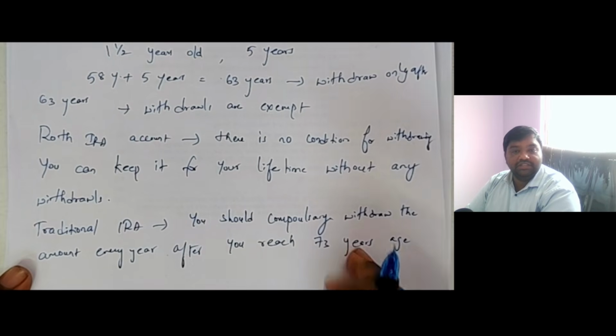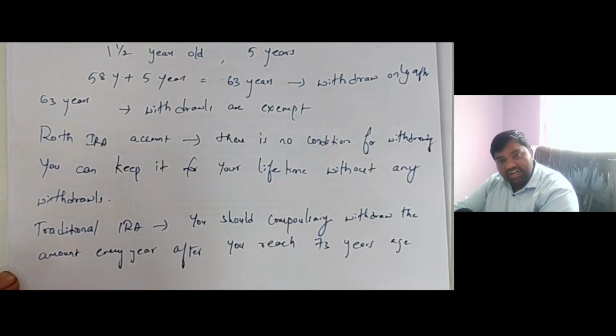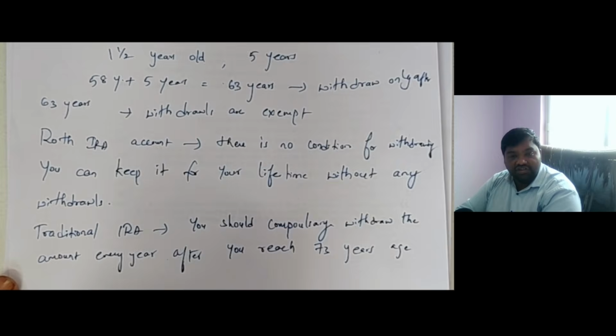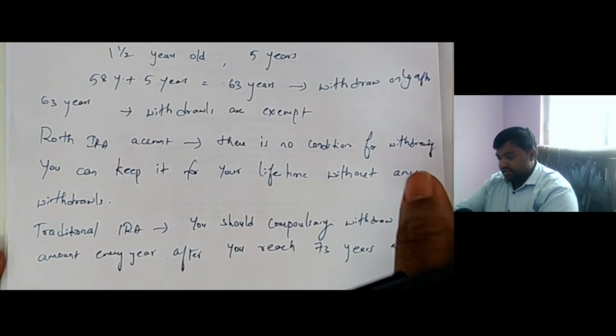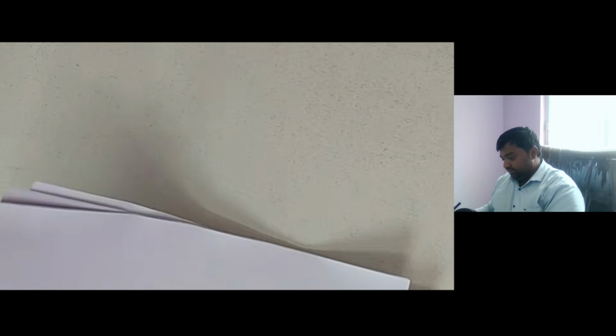This is compulsory. Okay, so after 73 years you should withdraw it if you are contributing to traditional IRA. At any cost you should withdraw it. Okay, so this is about your Roth IRA and traditional IRA. I hope you understood the concept.